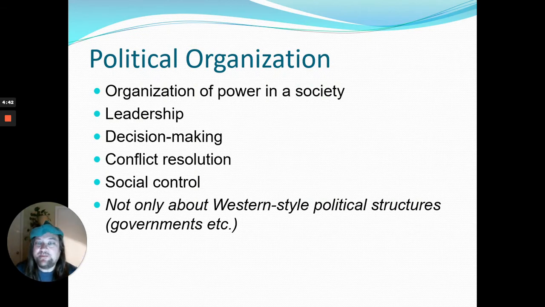If you've grown up in a place, as I think most of us have, where the political structure is some kind of government with a hierarchy and some people making decisions pretty much for everybody else, and that's just what it is, it might seem that that's a natural way of doing things.